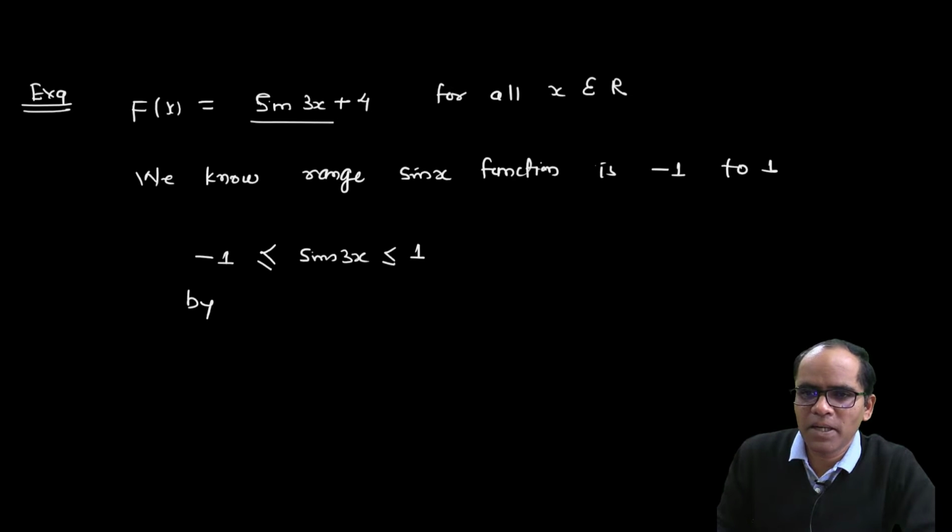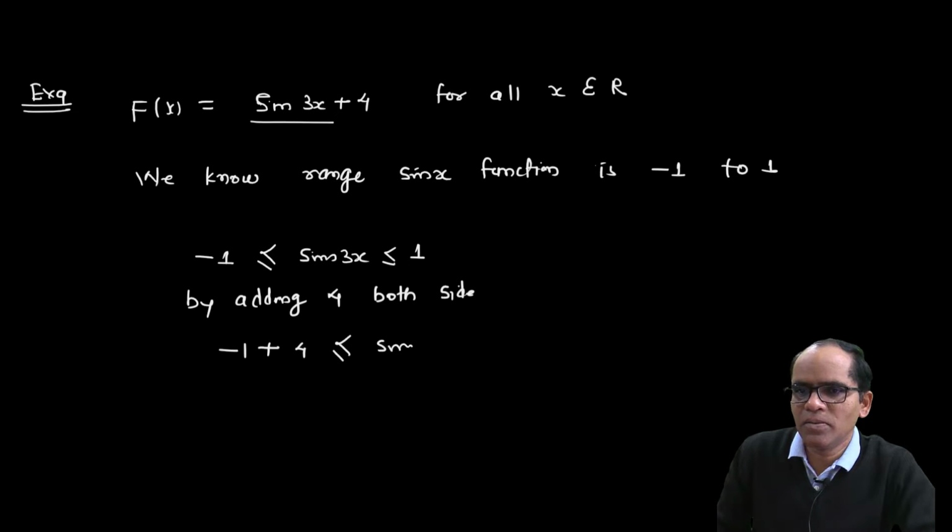So minus 1 is less than or equal to sine 3x, which is less than or equal to 1. So here 4 is there. So by adding 4 both sides, minus 1 plus 4 is less than or equal to sine 3x plus 4, and that is less than or equal to 1 plus 4.